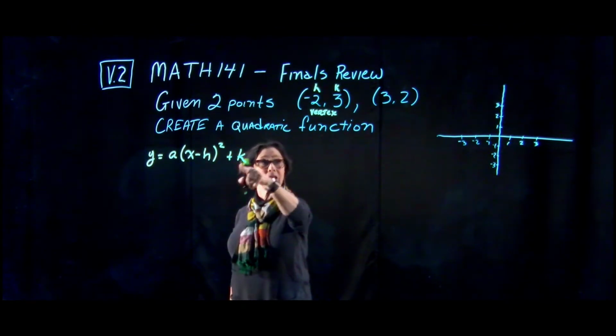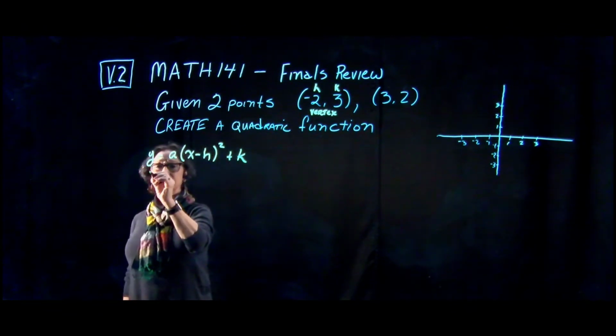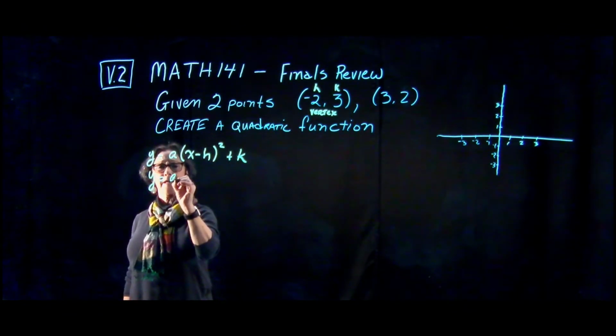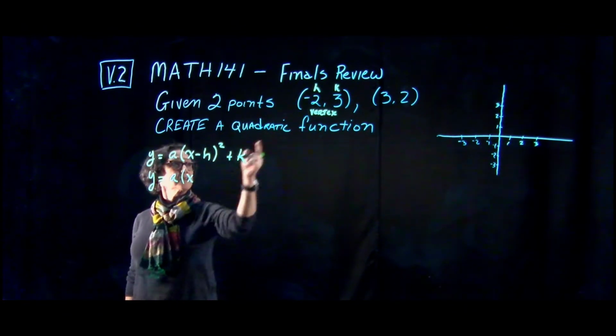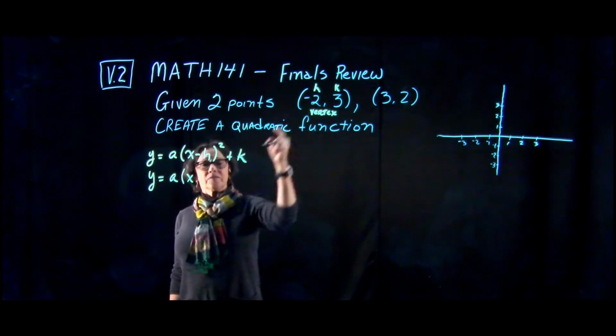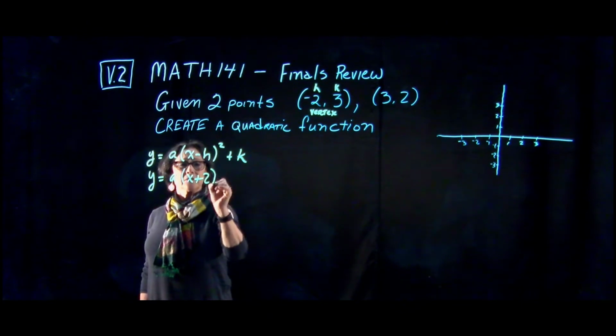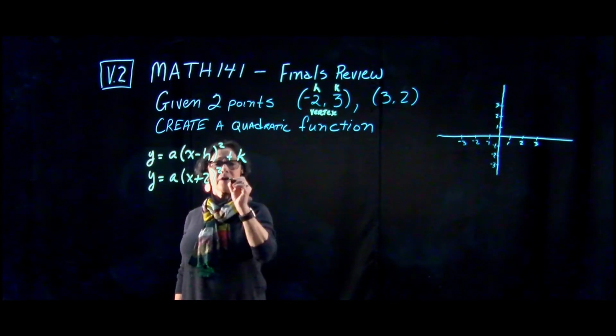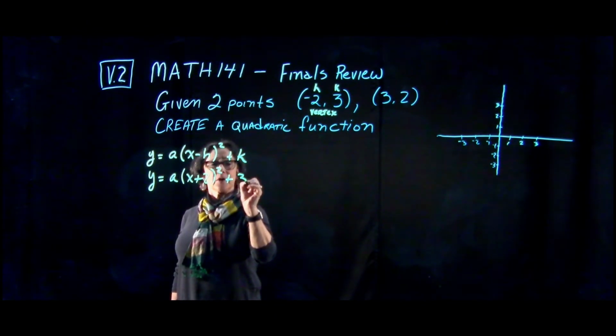We have h and k. We're going to use this right here. So we have y equals a times x. Our h is already negative. When you subtract a negative, it becomes a positive 2. And our k is positive, so we're going to just leave it as positive.